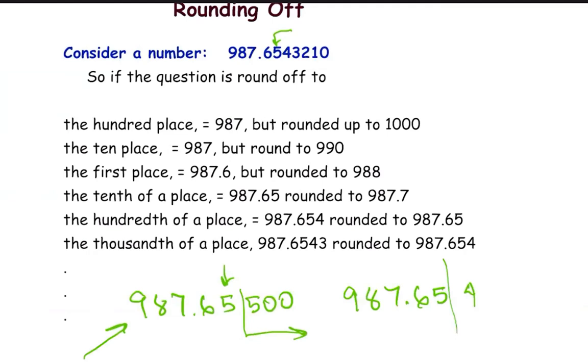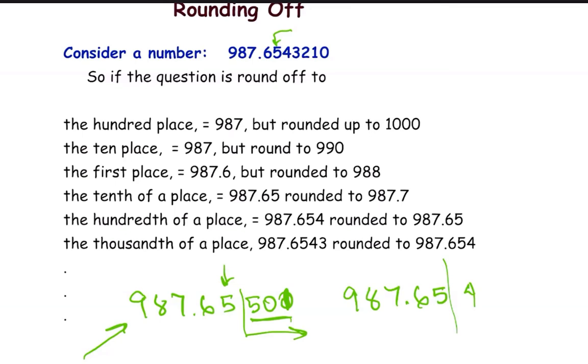If you're going to round up to an even number, then you round up. If you're going to round up to an odd number, then you stay. Okay, so only round up when you're at 500, when you're exactly on the midway point. If this was 501, 501's above the midway point, you round up no matter what.